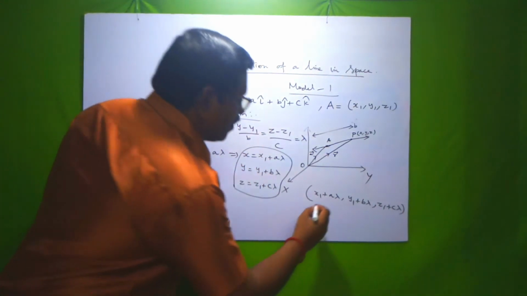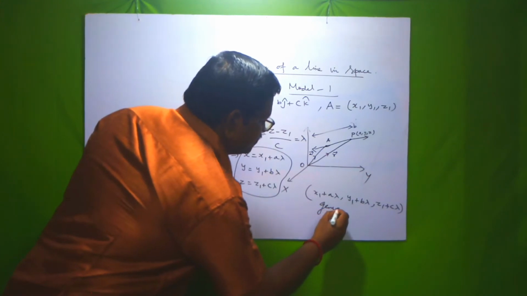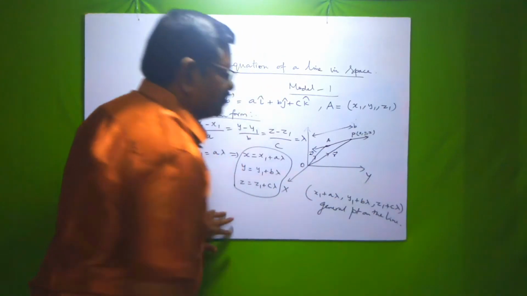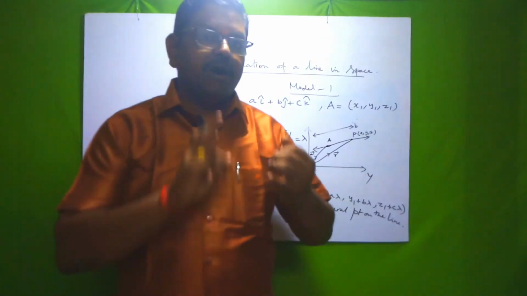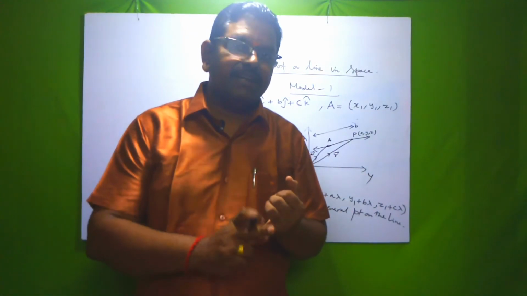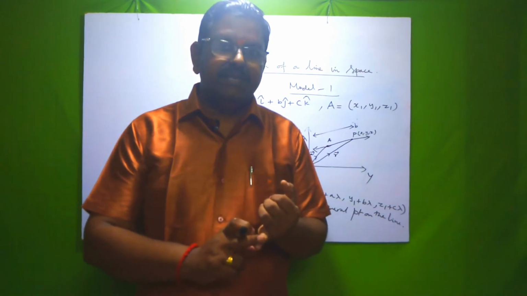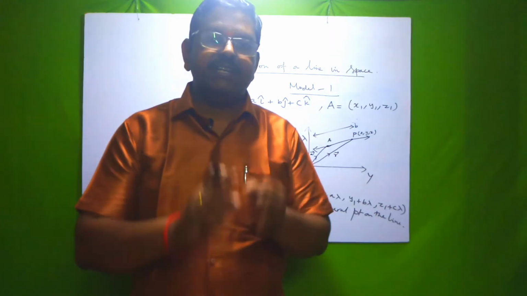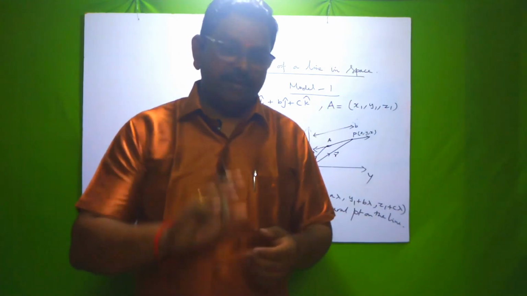This is the general point on the line. So now we learned how to find the equation of the straight line in vector form, the equation of the straight line in Cartesian form, and finding the general point on the straight line.